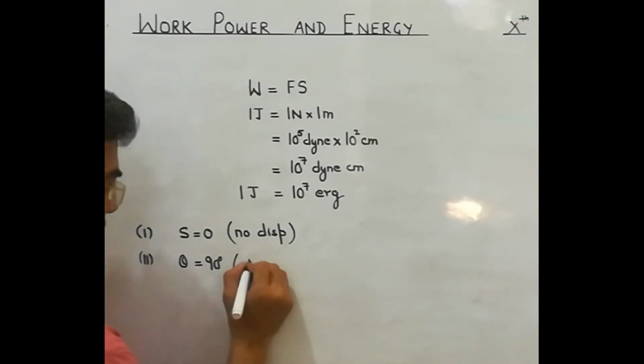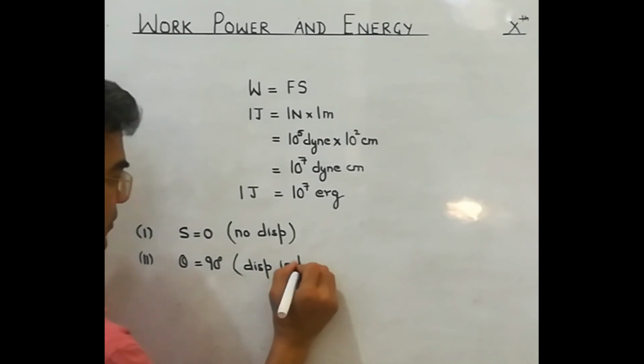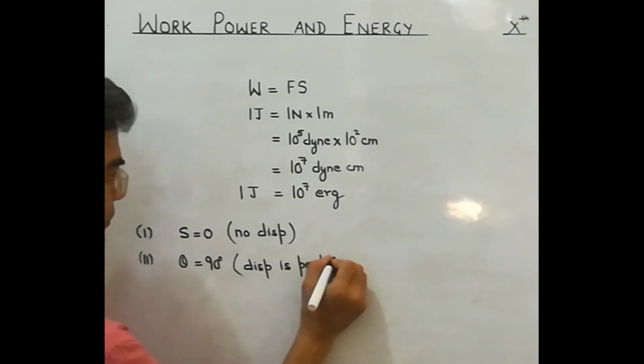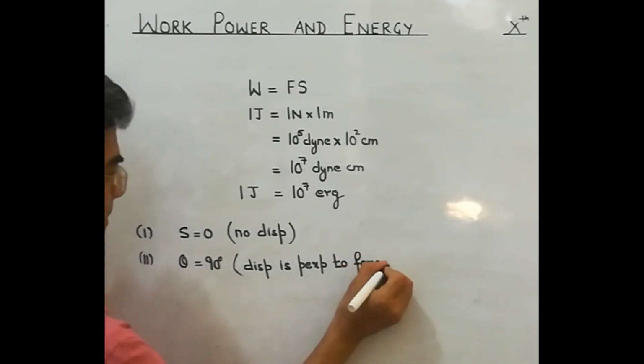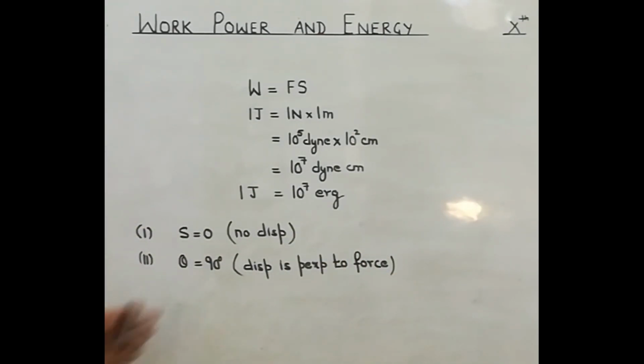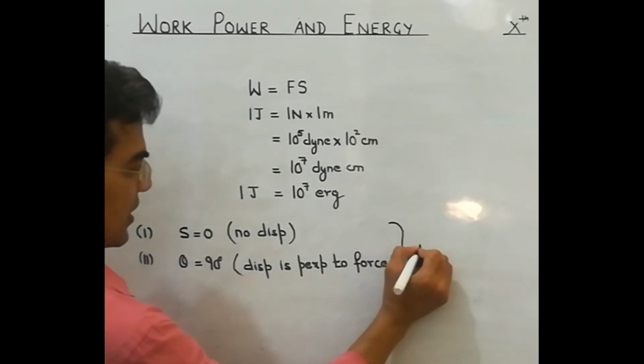That is, displacement is perpendicular to force. If displacement and force are perpendicular to each other, we say no work is done. So these are the two cases under which we say no work.